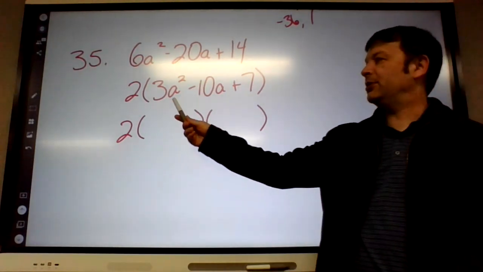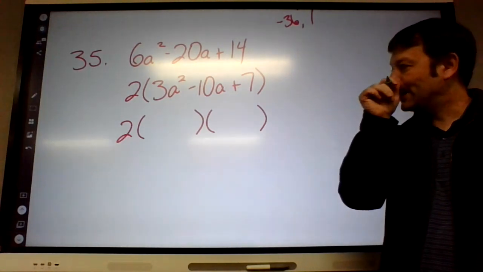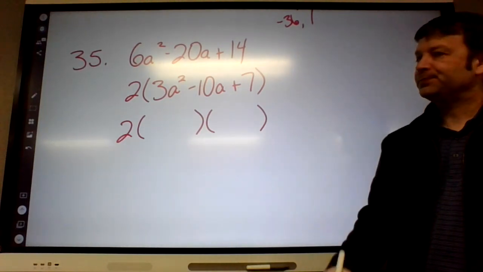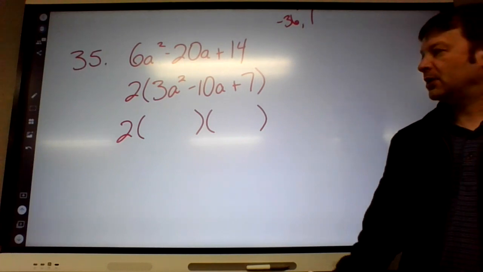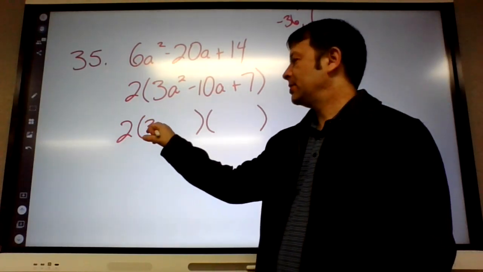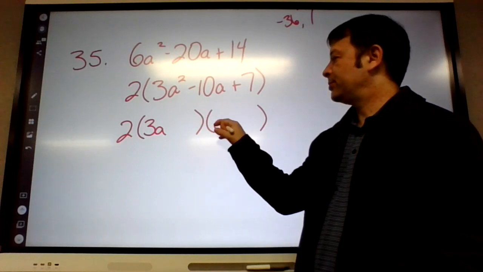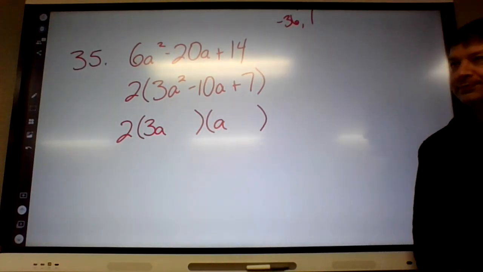So what could go into 3a squared? Like what times what equals 3a squared? 3a times a.